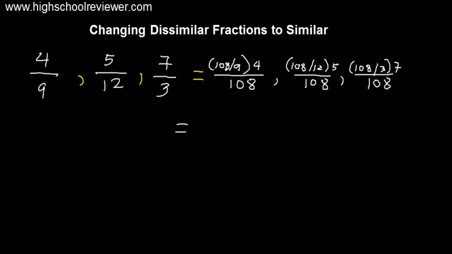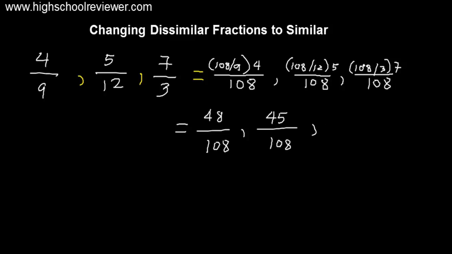And then 108 divided by 9 multiplied by 4, this will give us 48 all over 108. And then 108 divided by 12 multiplied by 5, this will give us 45 over 108.